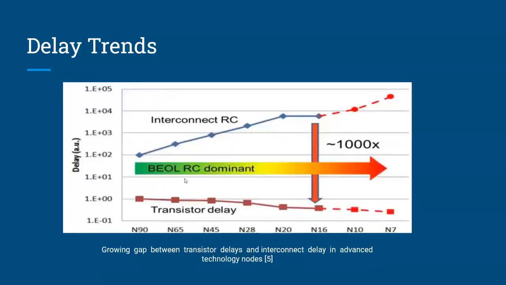So here is a graph of the delay trends. As you can see, the smaller the transistor, the more advanced it is, the lower delay it has. But for around, I think, 20 years, the delay of the transistor has been pretty much optimized, and it hasn't decreased for a very long time.